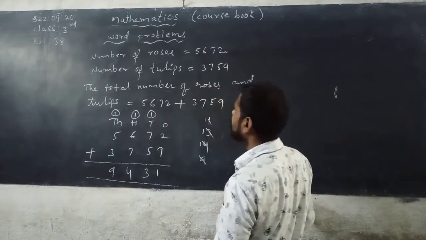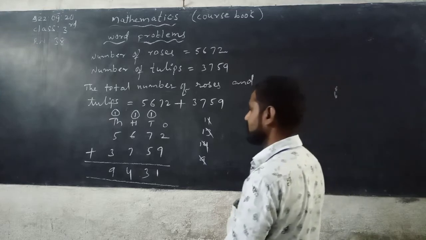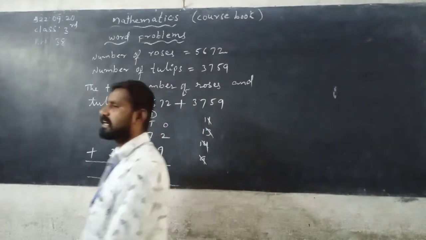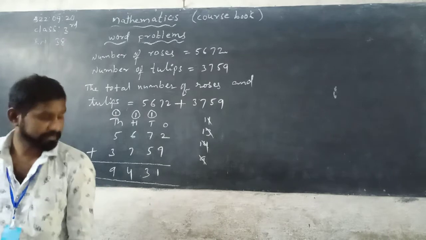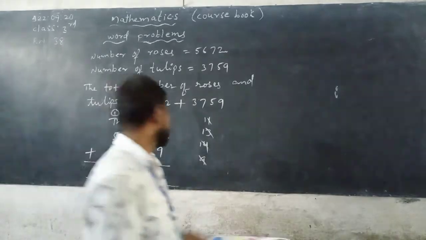So the total number of roses and tulips is equals to 9431. You can write down only.